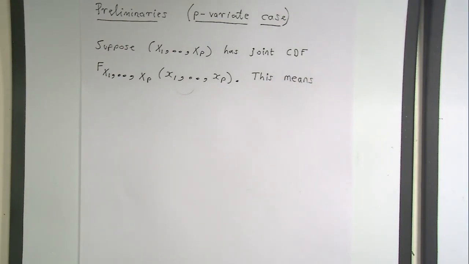Suppose you have a random vector x1 to xp that has a joint CDF.